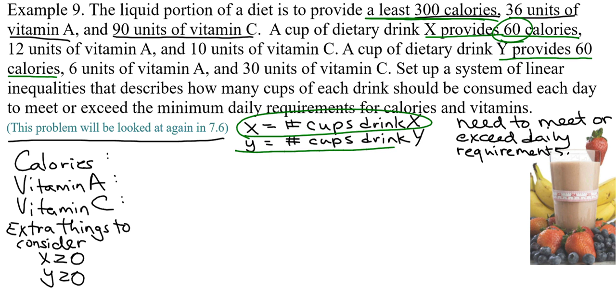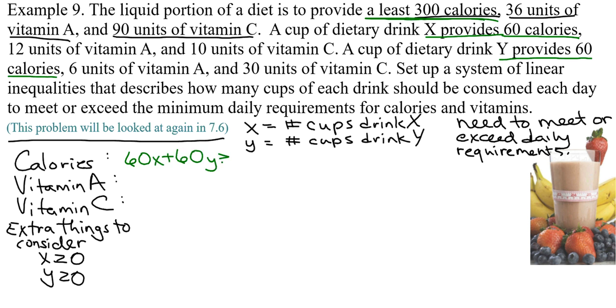However many cups of drink Y, which is little y, we're going to get 60 calories from that, and it has to be at least 300 calories total. So to me, that means that 60x plus 60y is greater than or equal to 300. And for our exam, we will have to be able to do that as well.